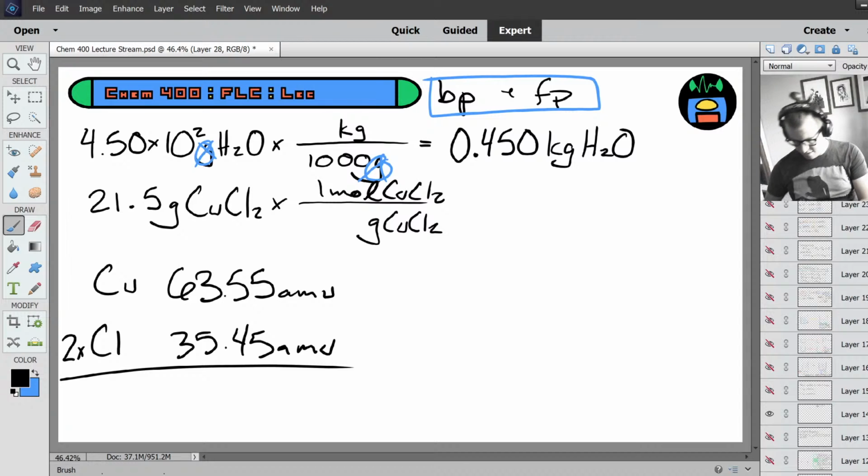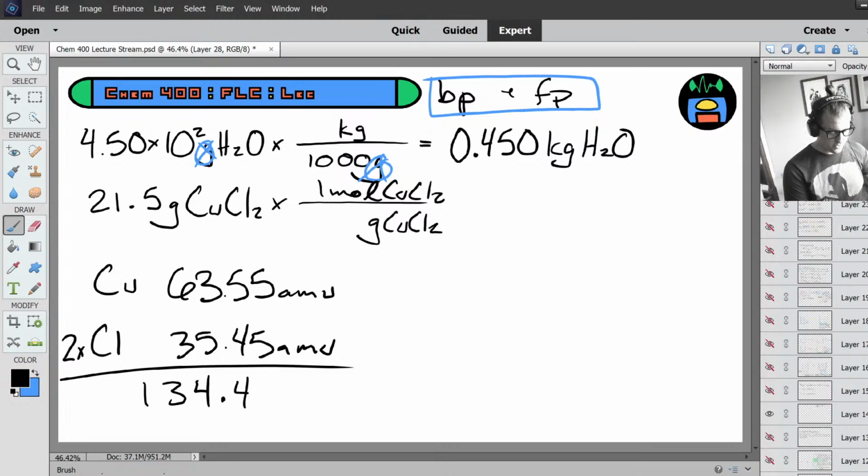Let's see, now I need my calculator. So 35.45 times 2 plus 63.55 gives us a molecular mass of 134.45.